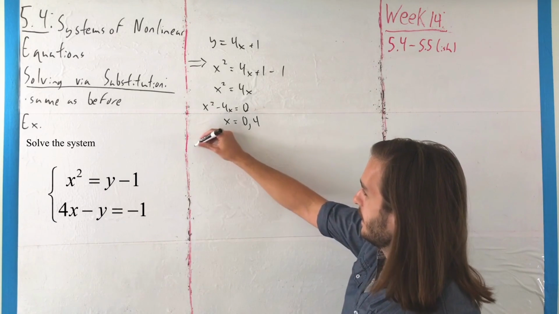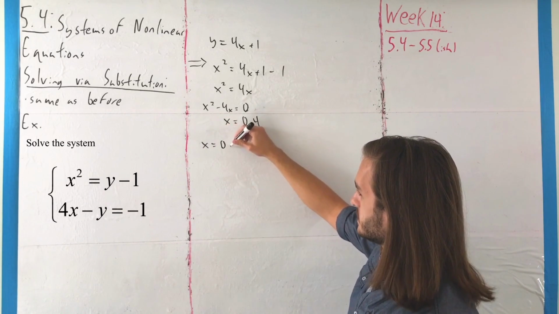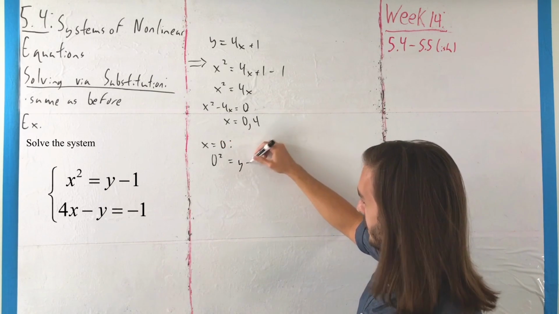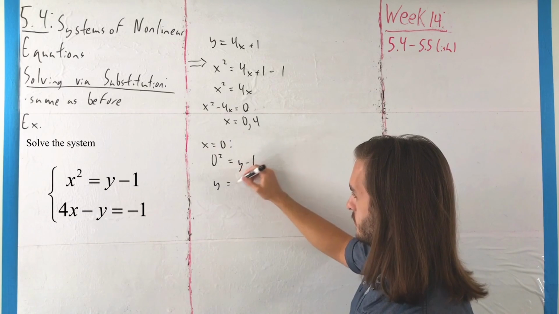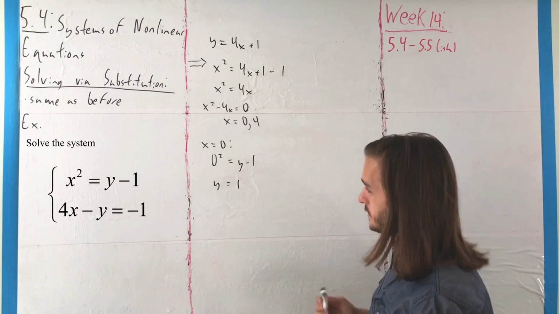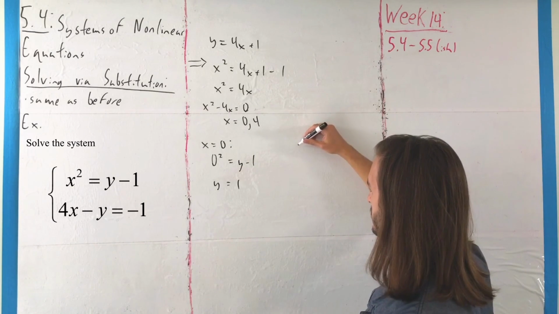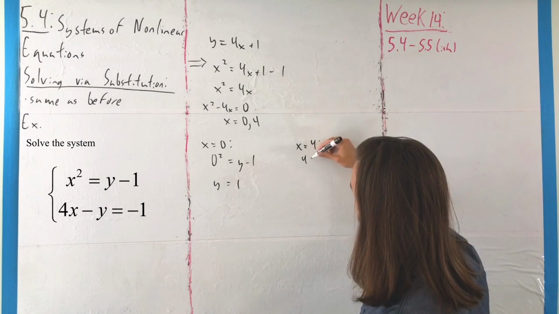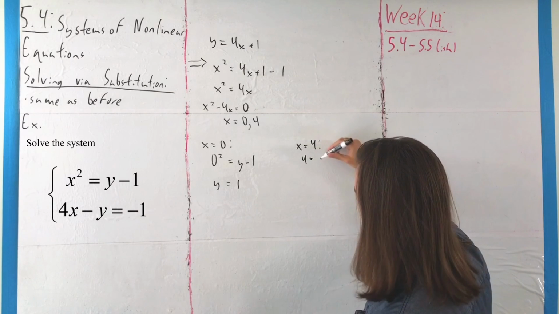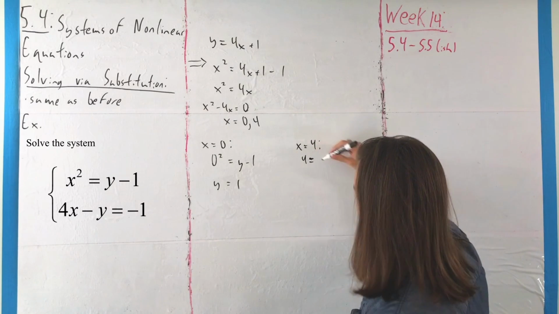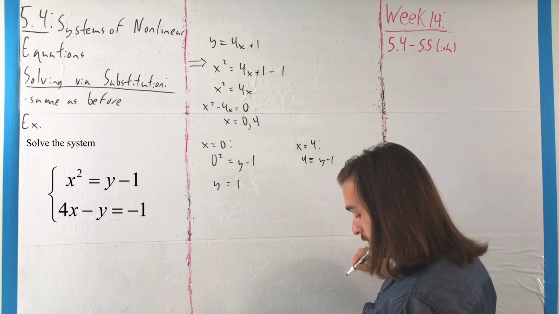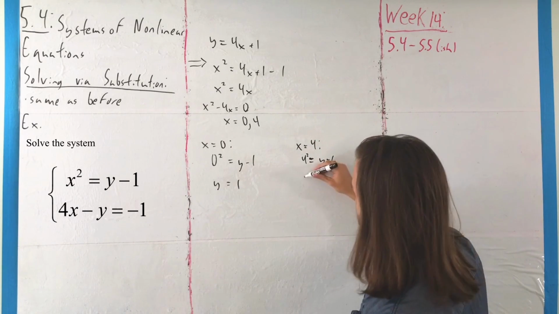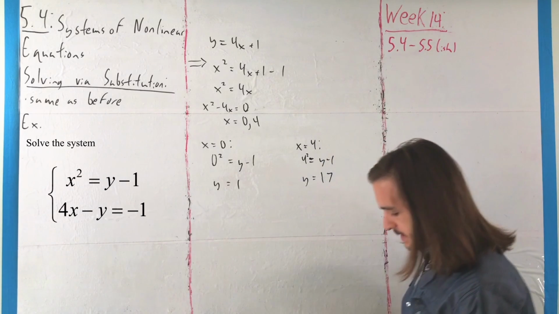If we have x equals 0, then we will have 0 squared equals y minus 1, or y equals 1. On the other hand, if x is equal to 4, we would then have 4 squared, importantly, equals y minus 1, or y is equal to 17.